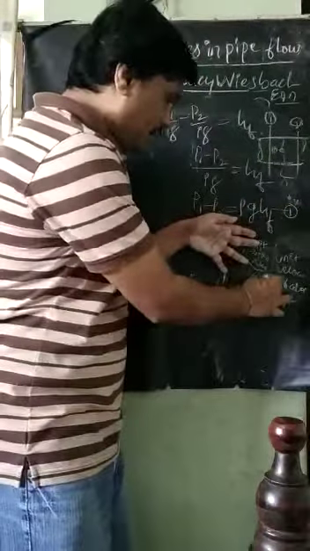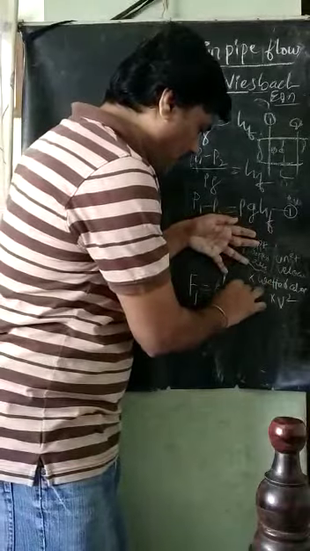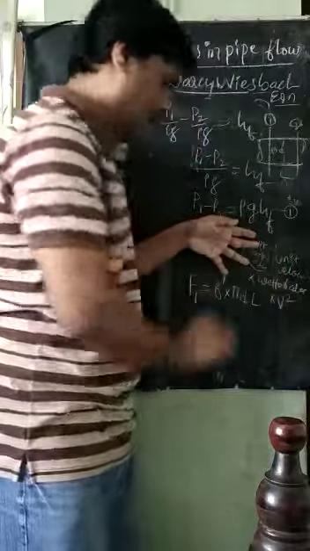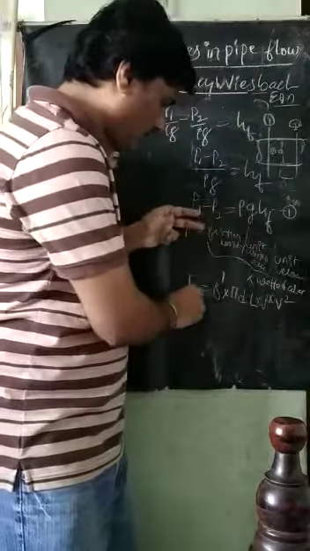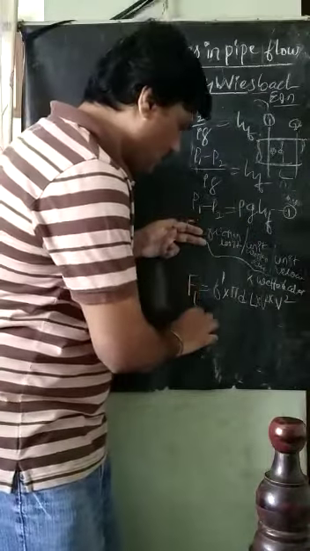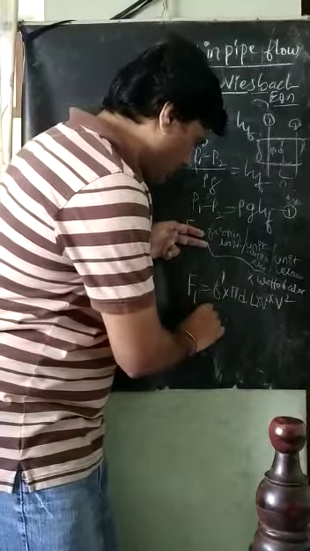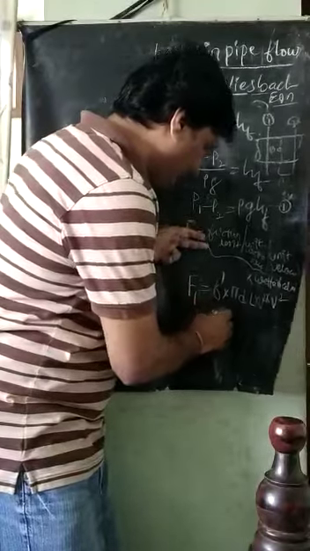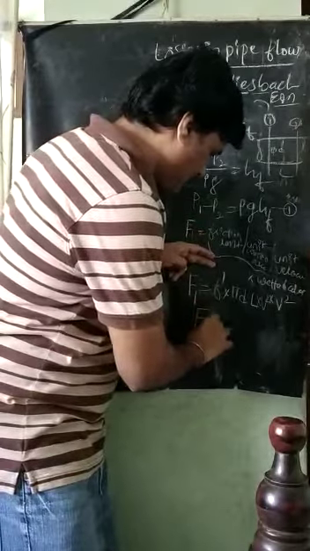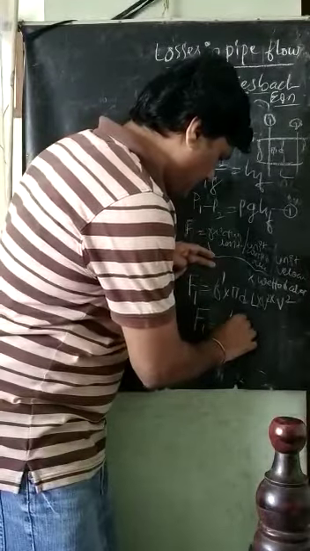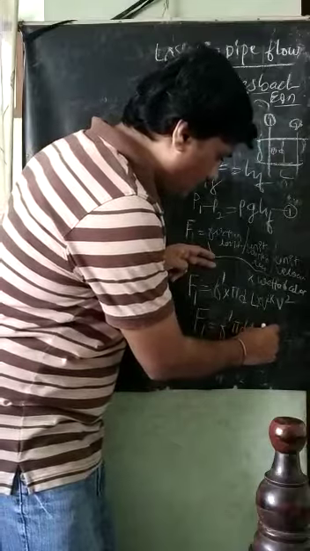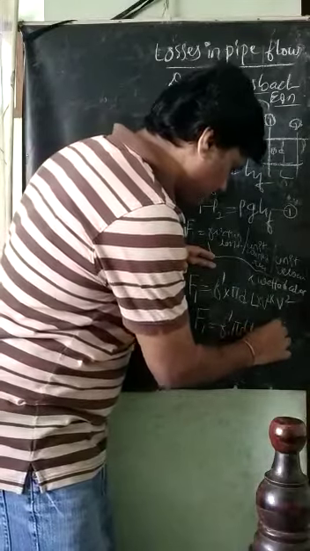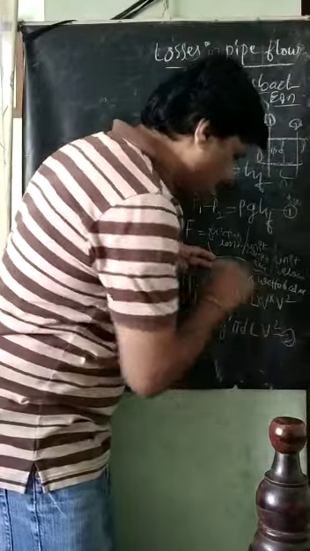Therefore the wetted area is pi D into L, into velocity square. So for F1, the relation we are getting is F1 is equal to F dash pi D L into V square. Call this equation number 2.